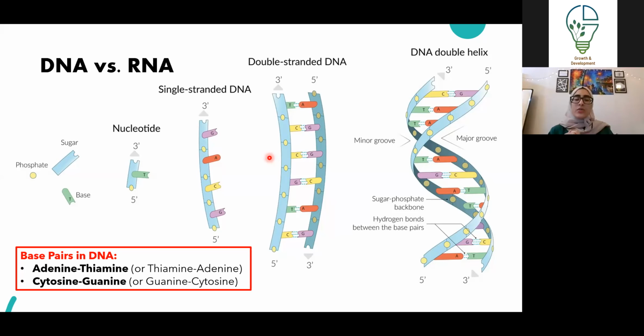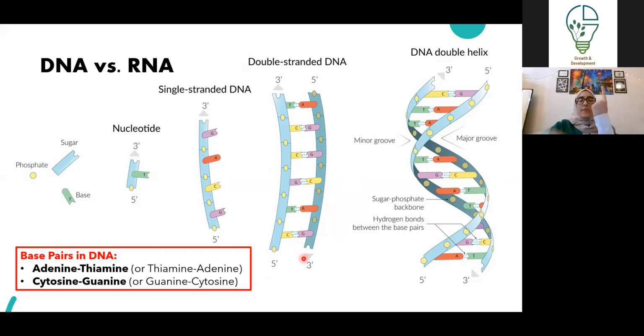Now, coming to the fact that they're anti-parallel, what does that mean? Looking at this image here, you'll notice that the first strand on this side is going from the 5' all the way to the 3'. It's going upwards like this, right? And the opposite strand is going from 5' at the top to 3' at the bottom. It's running in the opposite direction.